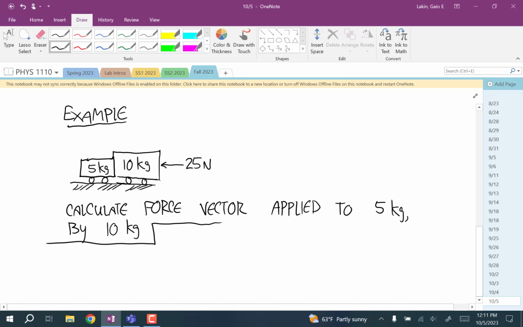There's a pushing force on it from the 10 kilogram. That's horizontal, so that's one horizontal variable. And then the acceleration is also horizontal, so that's a second horizontal variable. And we only have one horizontal equation, the x equation from Newton's second law, so you can't calculate two variables with that.